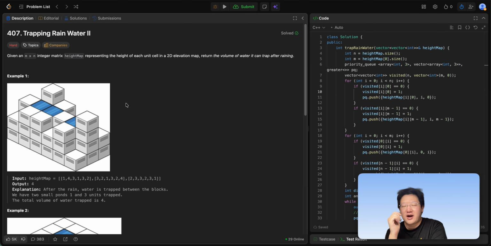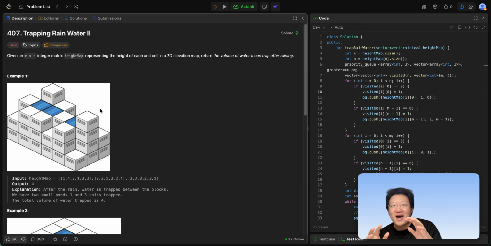My first thought was a brute force method. For each cell, do a BFS to find how much water it holds. Search outward to find the minimum height along all paths to the boundary. But I analyzed the complexity.